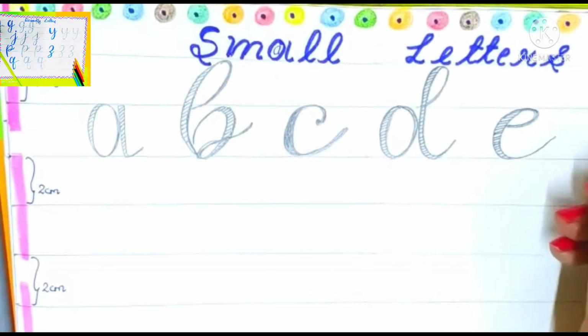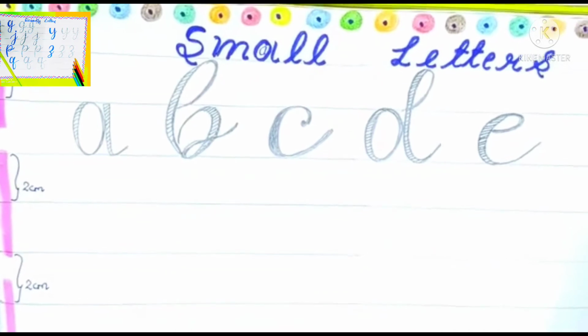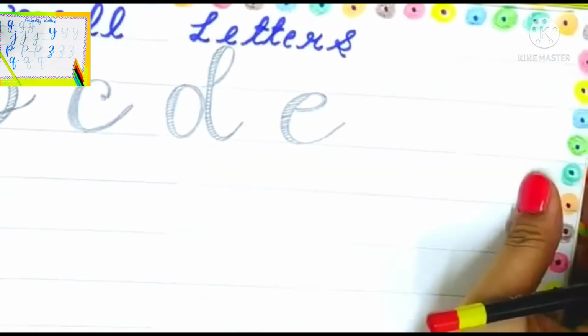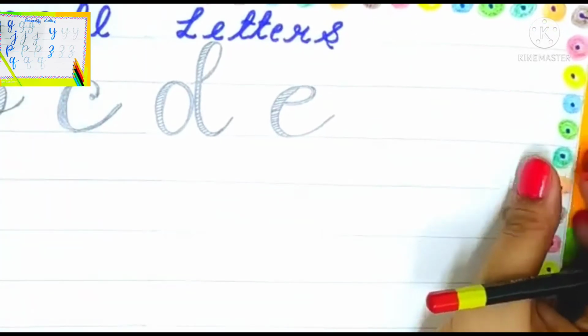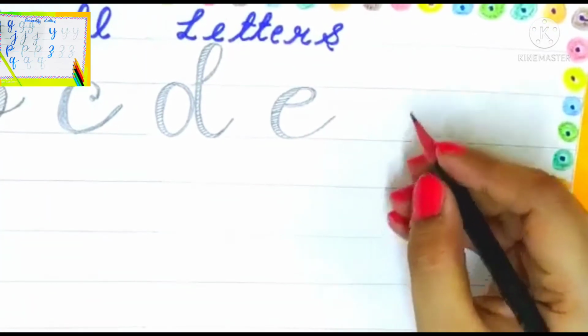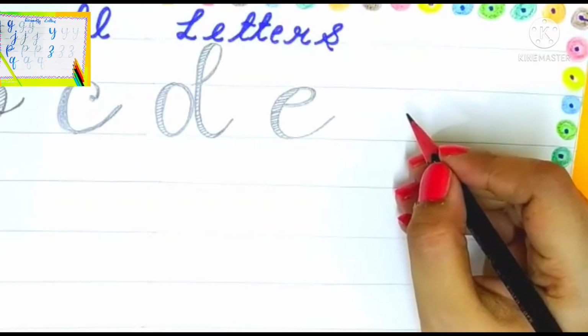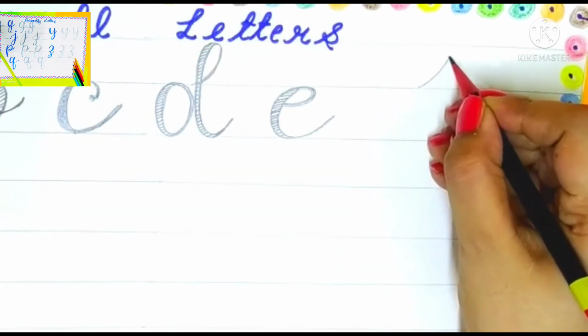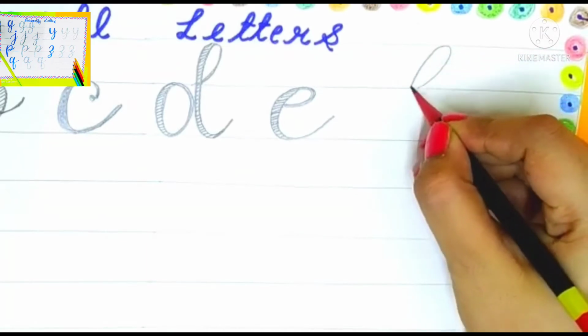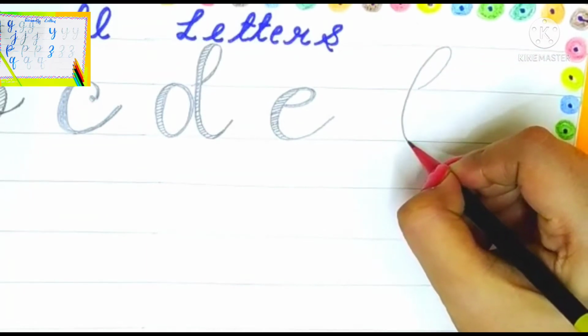Good. Now we come to the next letter. The next letter is letter F. Okay, the next letter is letter F. So for letter F, first of all you have to make an upward loop. Right, very good. So this is the upward loop.